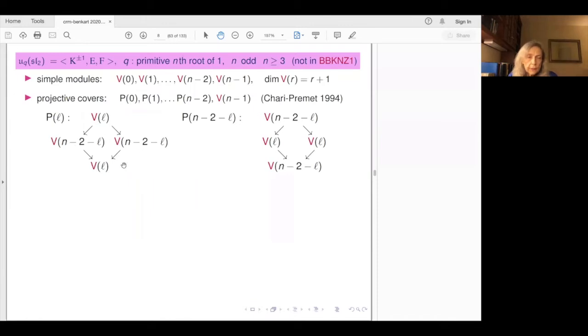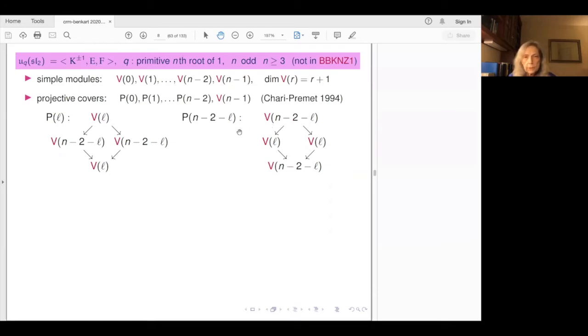If you factor out the maximal submodule, which is everything beneath it, these three modules beneath it, then you get V_L inside P_L. At the foot is the socle. And if you factor out the socle, then you just get the direct sum of two simples. So there's kind of a complementary pair here.